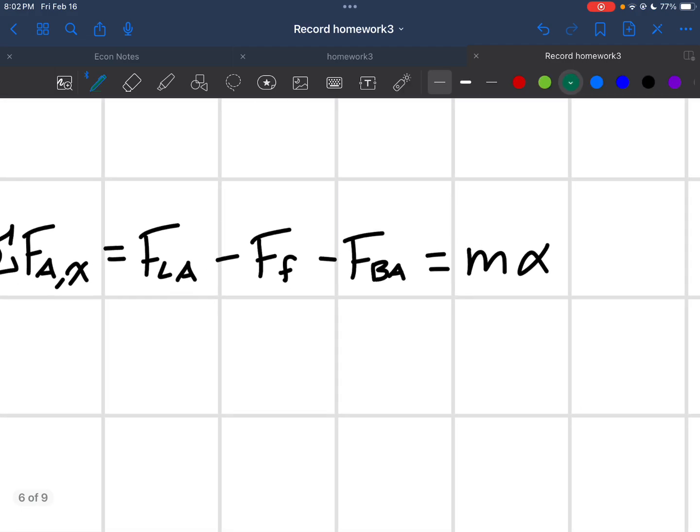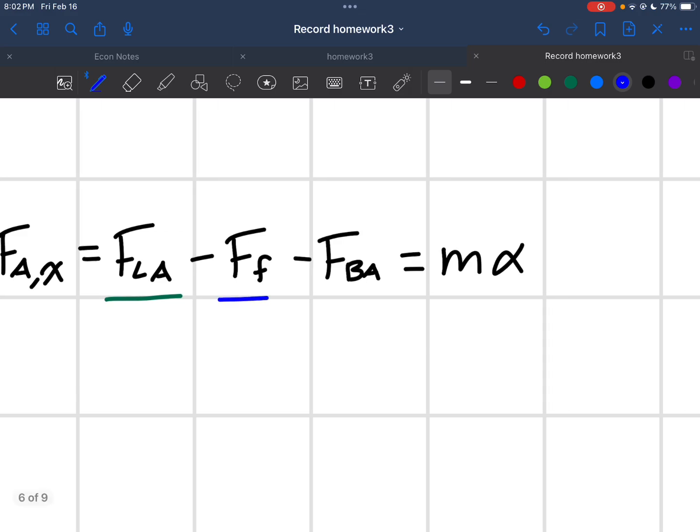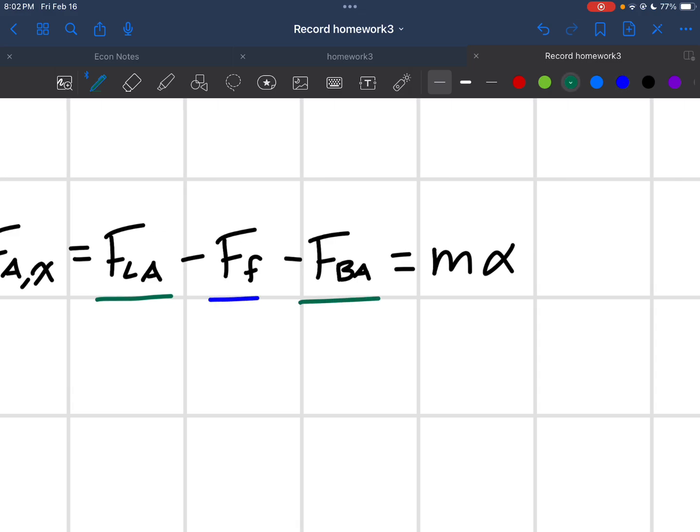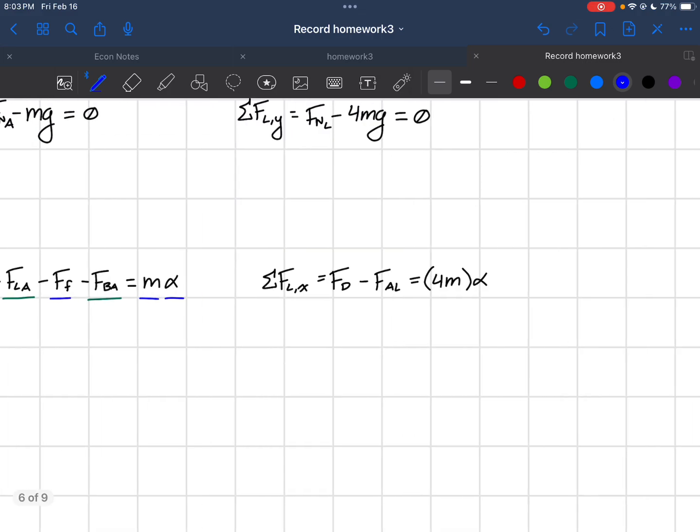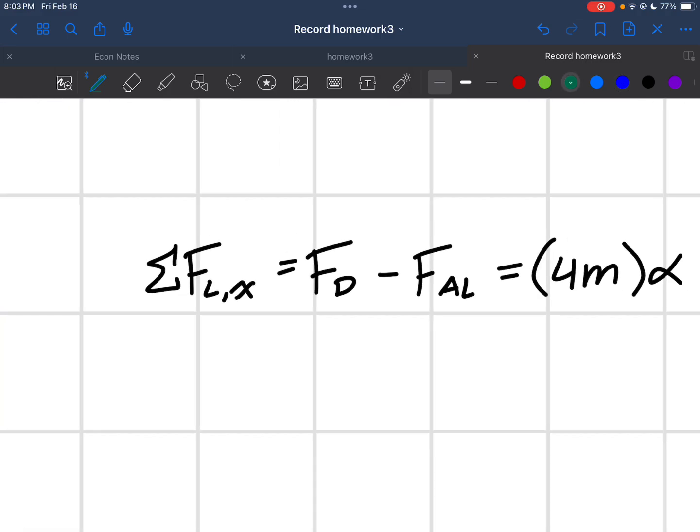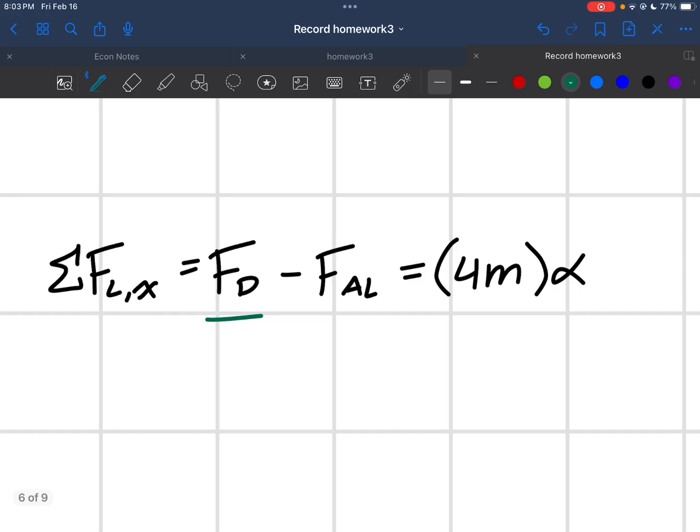I come over here. Again, I wasn't given F_LA. That's one of the forces in the couplers joining the cars together. But I was given my force of friction. I wasn't given F_BA, but I was given the mass and the acceleration. Lastly, I was not given the force driving. That's something I'm solving for.